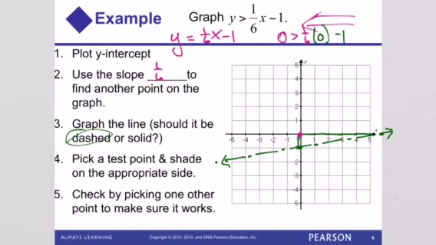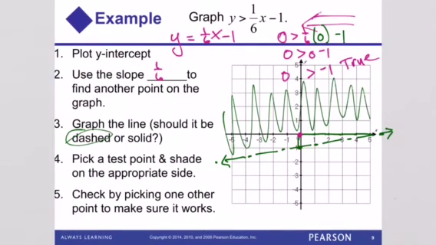So I get 0 is greater than 0 minus 1, or 0 is greater than -1. True or false? 0 is greater than -1. So since 0 is above the line, my shading for this graph is going to be everything above the line.